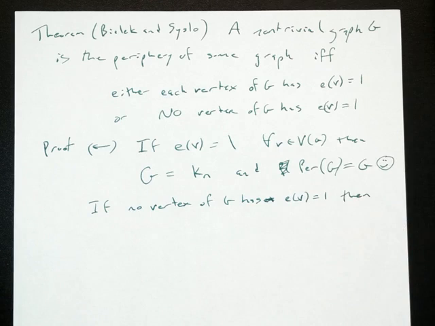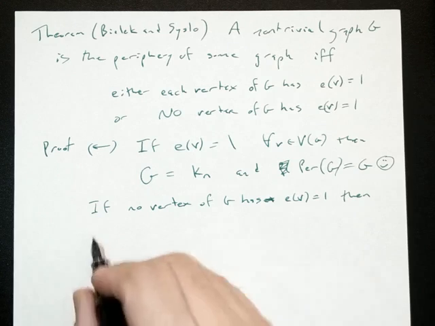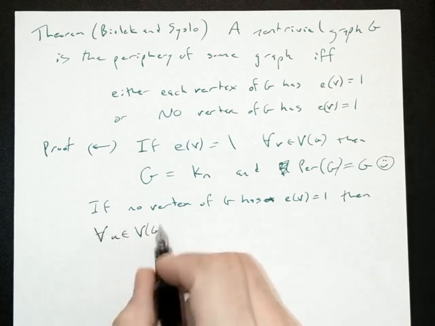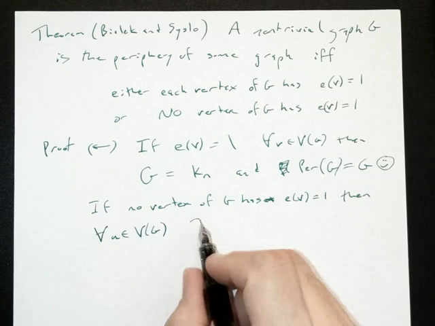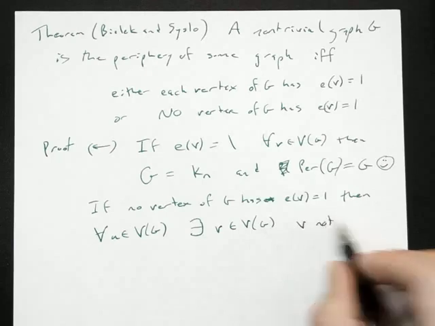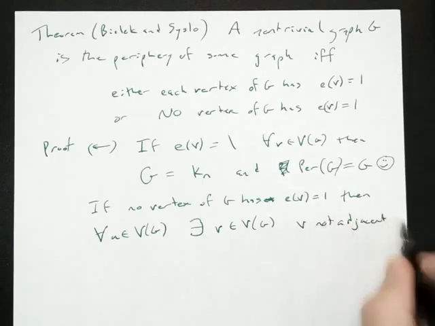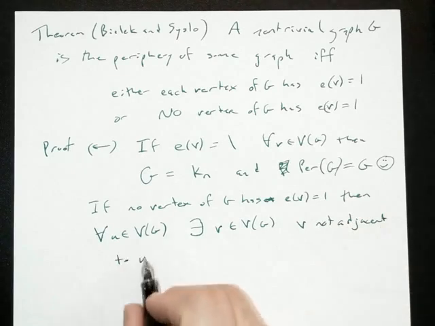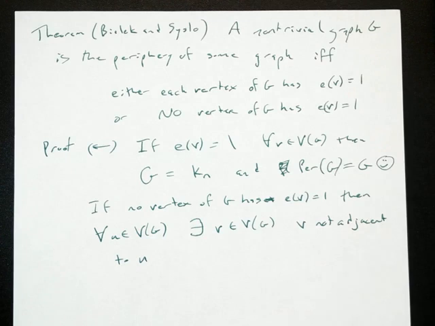No matter what vertex you pick in the graph, it can't be complete. There's some other vertex not adjacent.